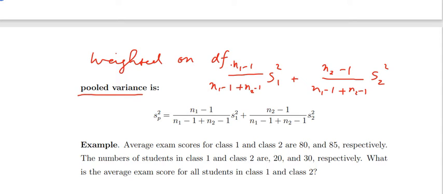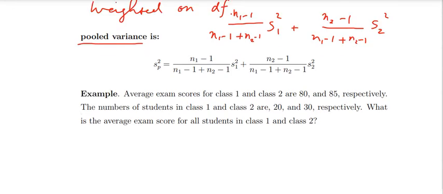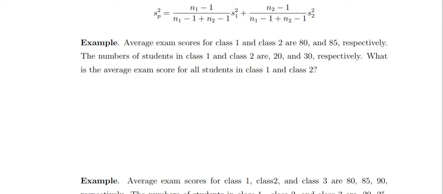So we say a weighted average is very common, actually, not only in statistics; in many problems we should consider a weighted average. For example, let's say we have two classes. Class 1's average is 80, class 2's average is 85.